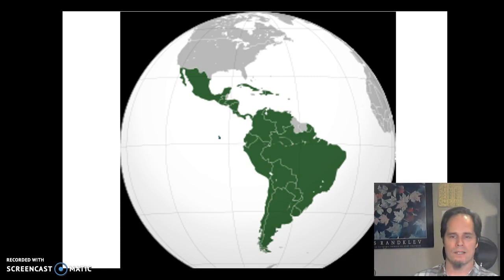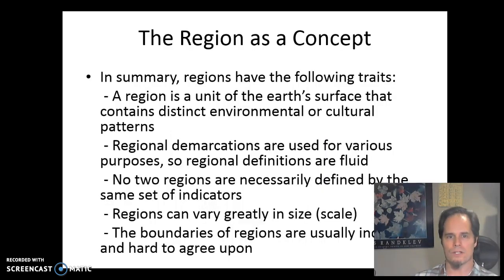That could be problematic because Brazil technically isn't Spanish-speaking, it's Portuguese-speaking. And you'll see here we have French and British Guiana there in the north-central part of South America. But again, hopefully this works to help you understand and appreciate small-scale versus large-scale regions.